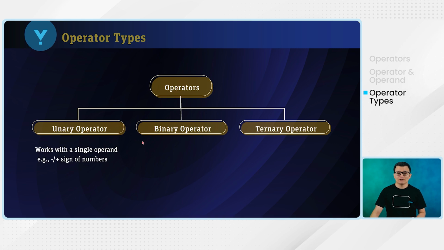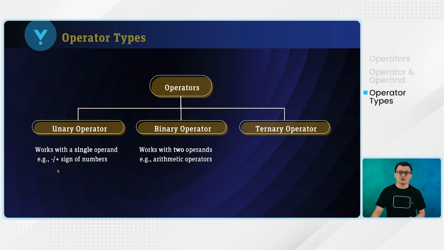And we also have binary operators, which work with two operands. In order to be able to use the binary operators, you need to have two operands, one operand on the left and one operand on the right, so that the binary operators can perform the operations on those two operands. So that's the difference between binary operators and unary operators. For the unary operators, as long as there's one operand, you will always be able to apply them.